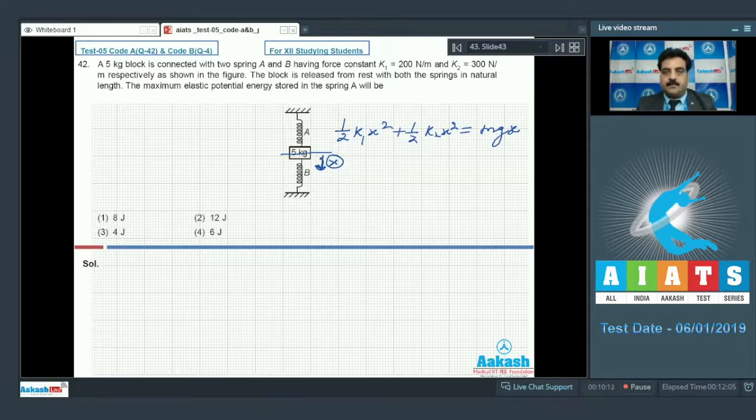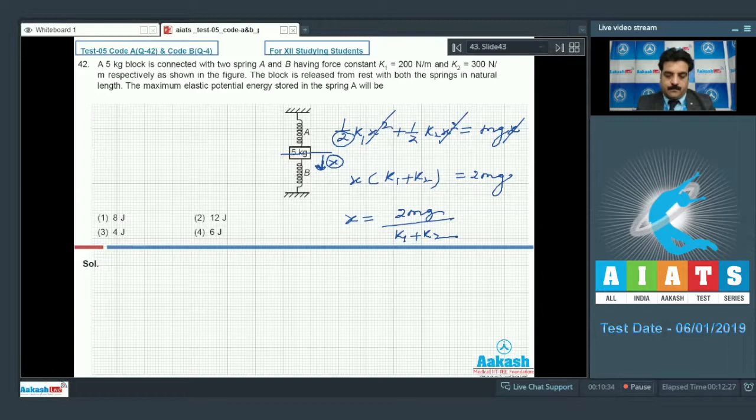By this expression you can solve this question very quickly. X square will cancel out. If I take x as common, we'll get K1 plus K2, and the 2 will move to the right hand side, so you have 2mg. I need only x, so x is 2mg upon K1 plus K2.